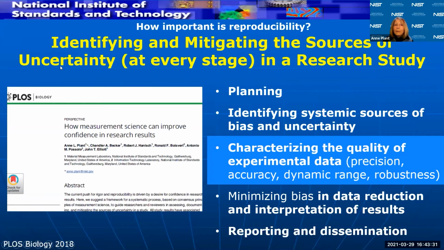But if you have variables that you don't even know exist, and you don't know what their effect might be, then the best thing you can do is at least understand and acknowledge that you have sources of uncertainty that you have not controlled. And so that's really important.